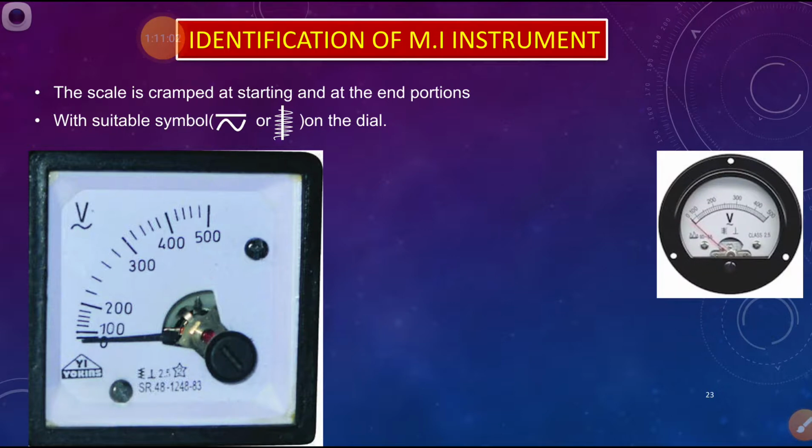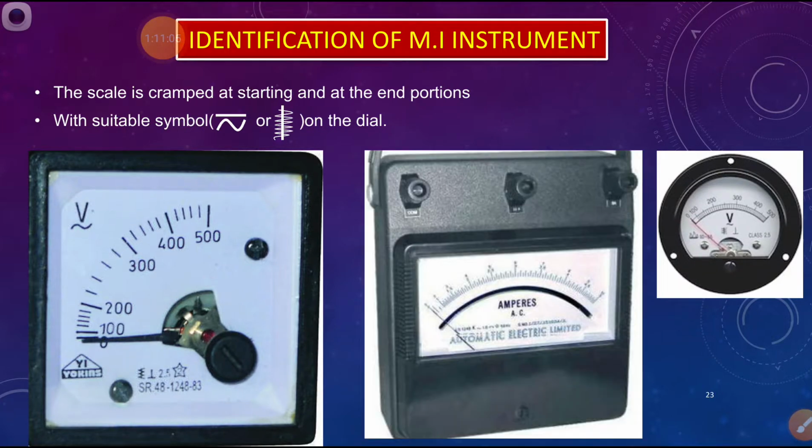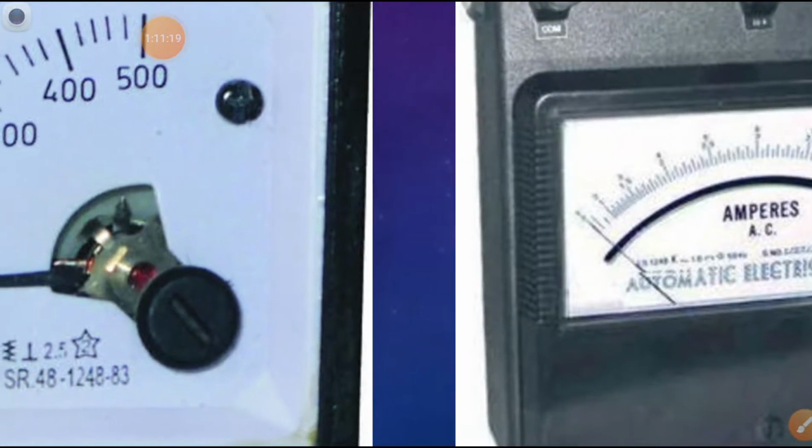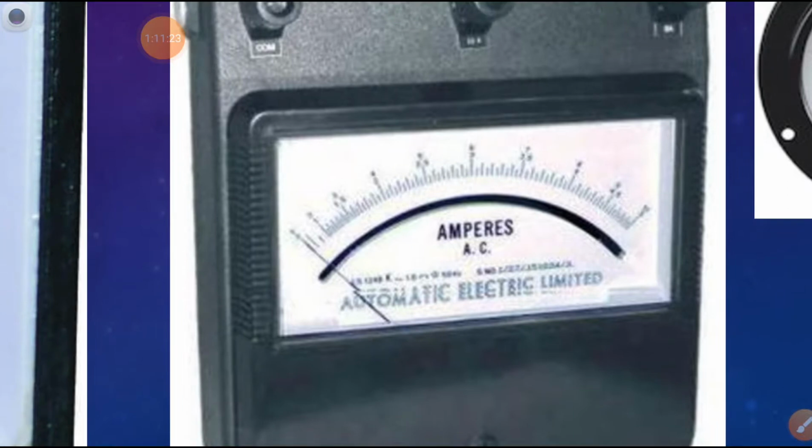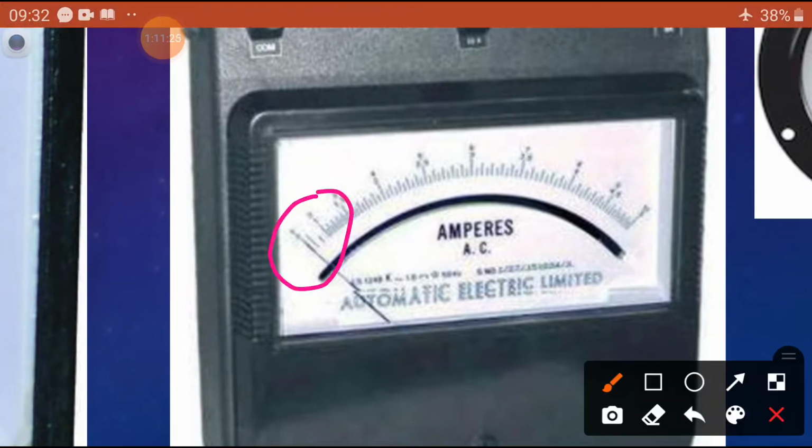Now you can see the different instruments. These instruments are also different. They may have different physical shapes, but you have to remember that by seeing the scale you can observe it. Here also you can see the scale, the gap.